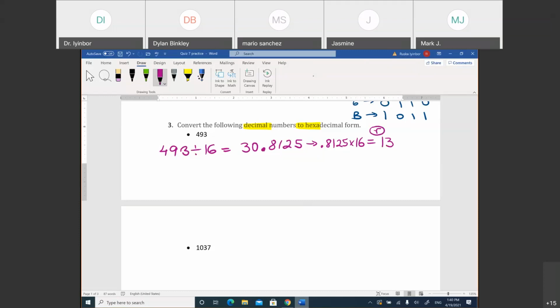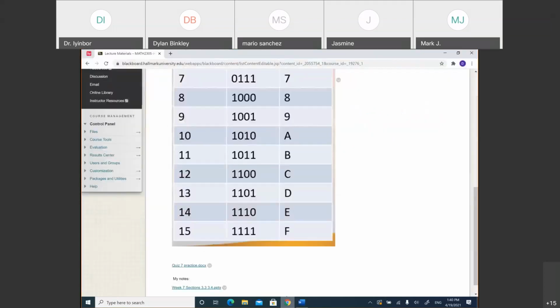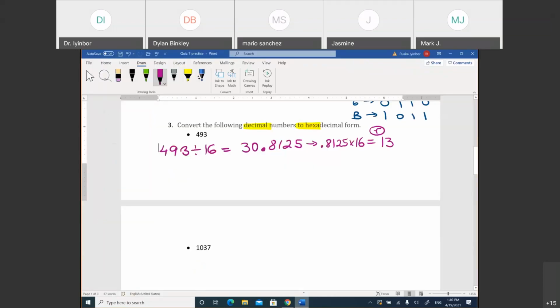And what was the letter for 13? 13 is D. Everybody see that? So in my answer, I'm going to have the letter D. Okay? Then after that, I'm going to take 30 and divide by 16.